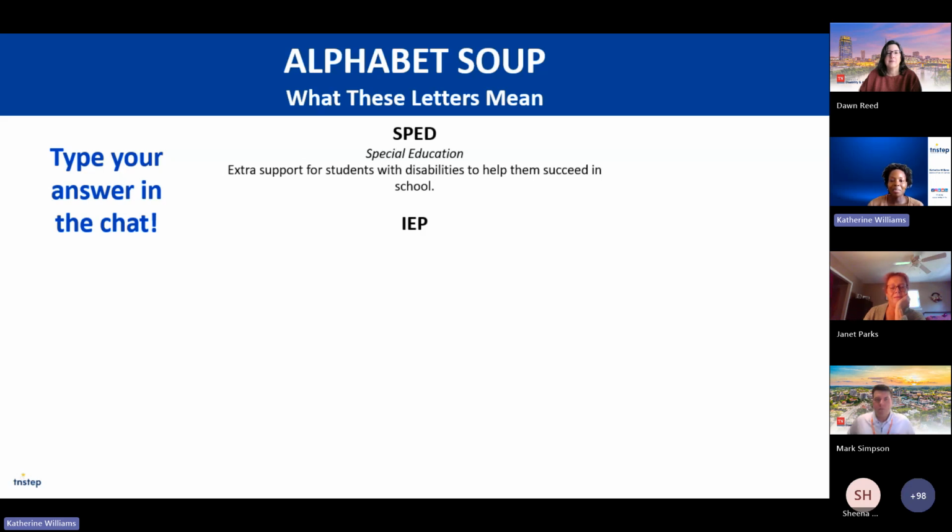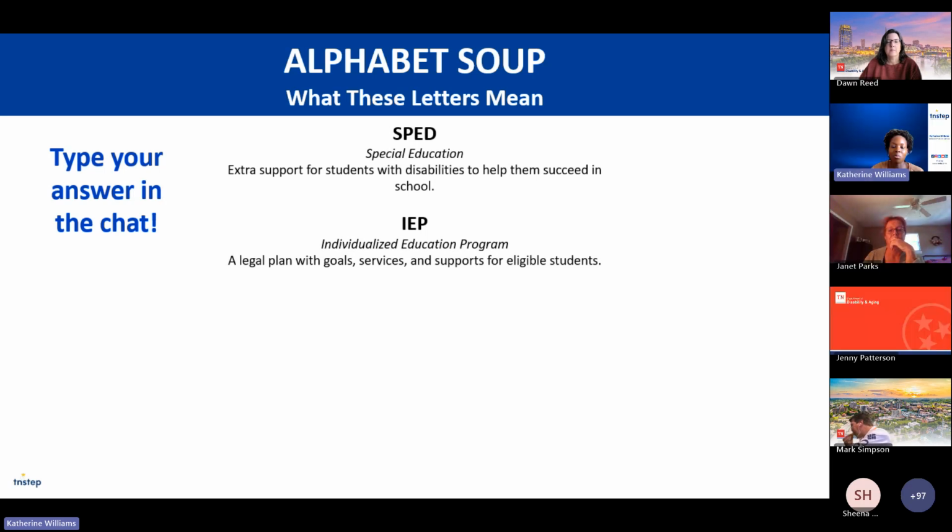But IEP stands for individualized education program. And this is that legal plan that has all the goals, the services, and supports for eligible students in that educational setting. The next one is TDOE.